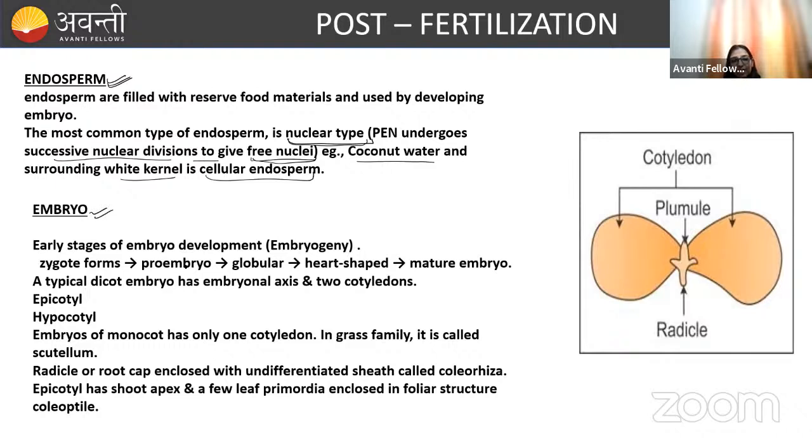When the zygote undergoes mitotic division, it forms the embryo. The early stages of embryo development we call embryogeny. First, zygote will form proembryo, then globular embryo, then heart-shaped embryo, torpedo embryo, and then the mature embryo. Okay?